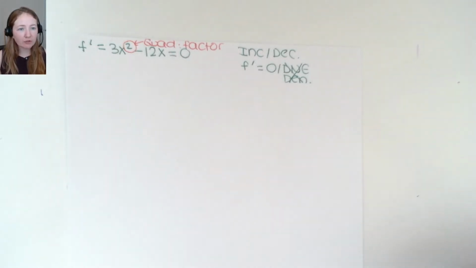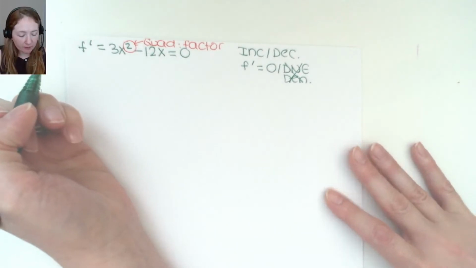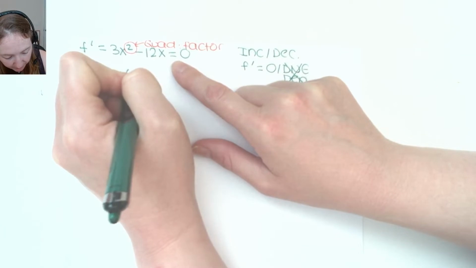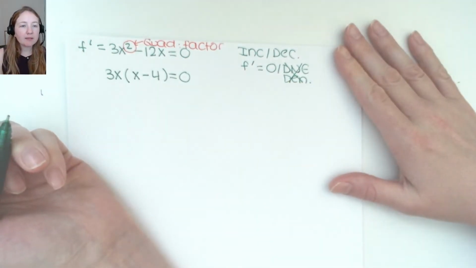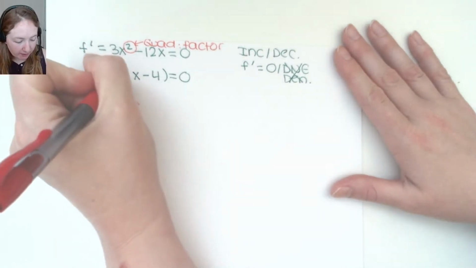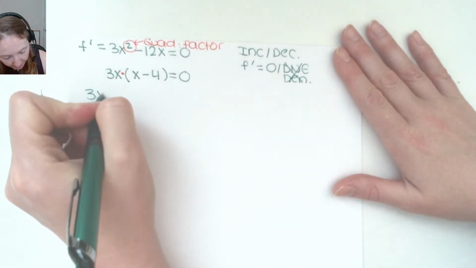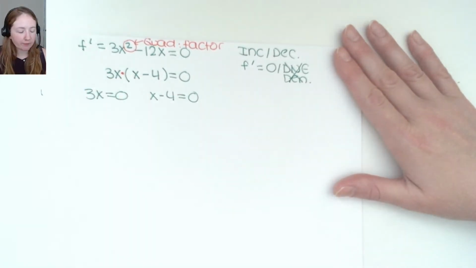Of course, with factoring, the first thing we need to do is factor the GCF. Here we have a GCF of 3x. That will leave us with x minus 4 is equal to 0. Now that it's factored, we will set both factors equal to 0. So the 3x will be set equal to 0 and the x minus 4 equal to 0.